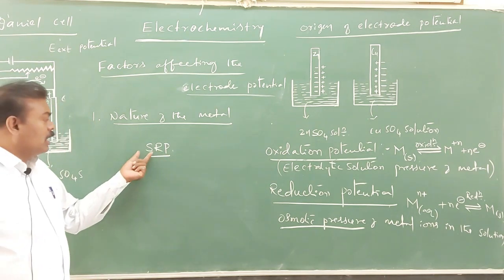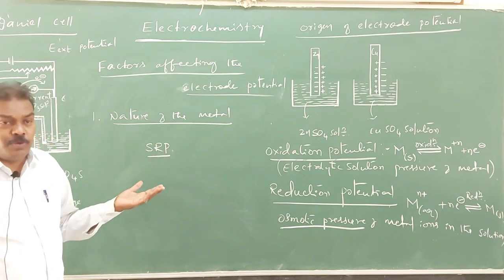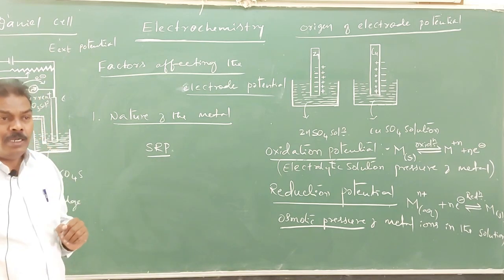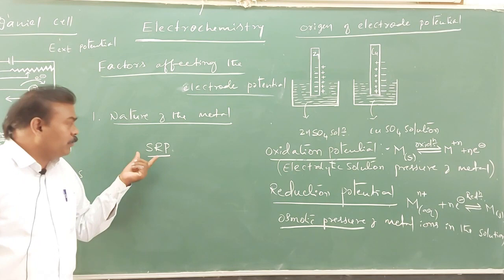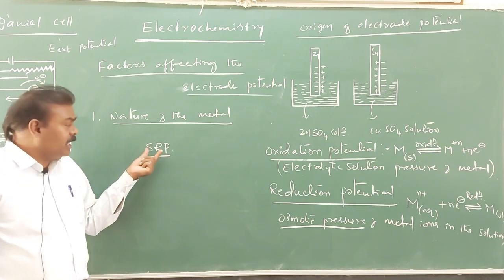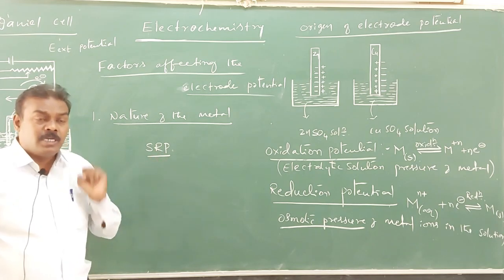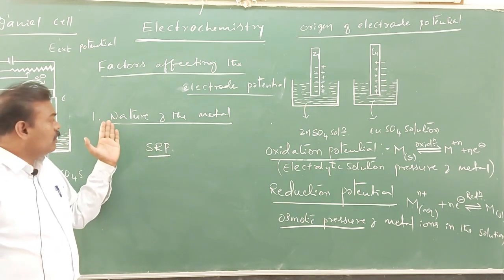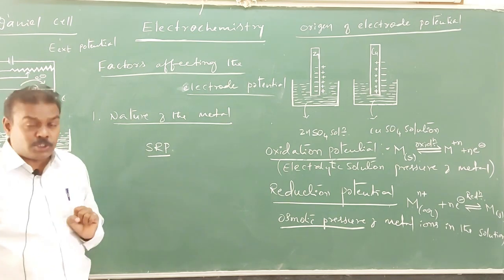We can express it in terms of either reduction potential or oxidation potential, but according to the IUPAC recommendation, we take only the standard reduction potential, that is, the reduction potential of the electrode under standard conditions. Electrode potential depends upon the nature of the metal.